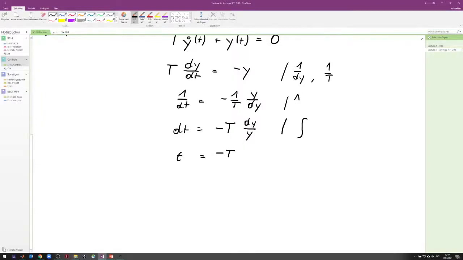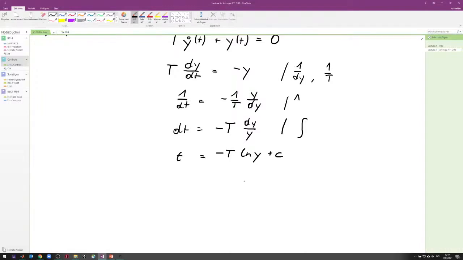And 1 over y dy integrated is the logarithm of y, right? Okay, and we got some integration constant. We're probably going to stick this in here, because when you do the derivative, you're losing some information, and we're going to take this with us, right?